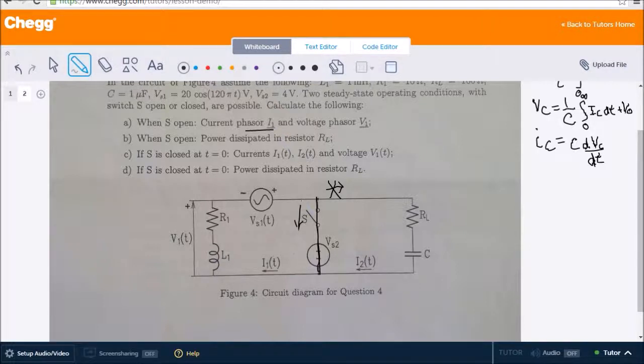Because before we flip the switch, we're assuming this switch was open for a very long time. We had current running through this loop as we did last time, and it kept on going and everything was charged up. And we solved for this I1 right here. That's the same thing as our i of 0. So let's see if we can go back to that.